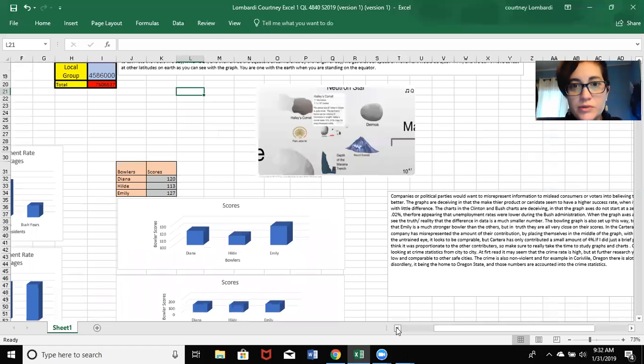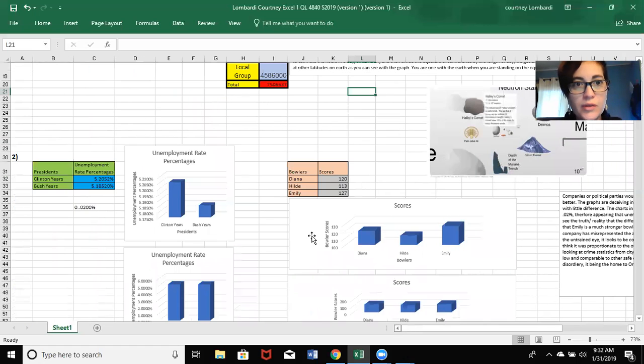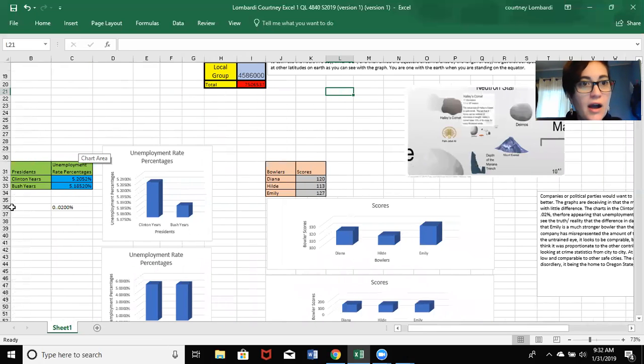Right, down in Module 2, we talked about graphs that can be misleading or misrepresent their information. Here on this first graph, we talked about the unemployment rate during Clinton and Bush's administration.